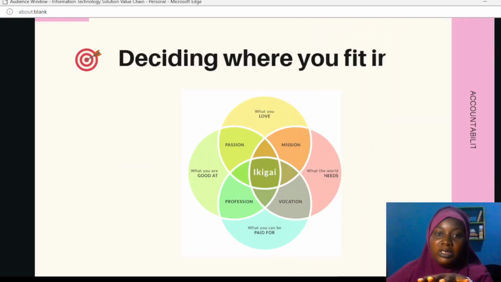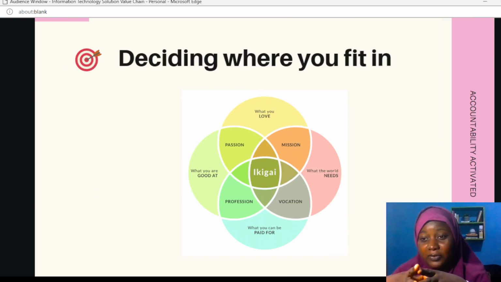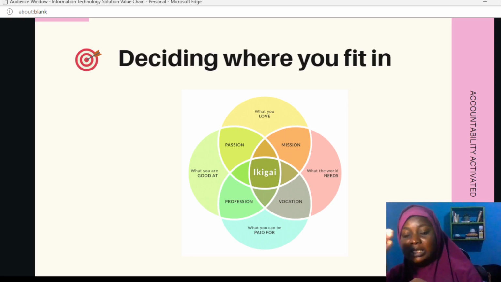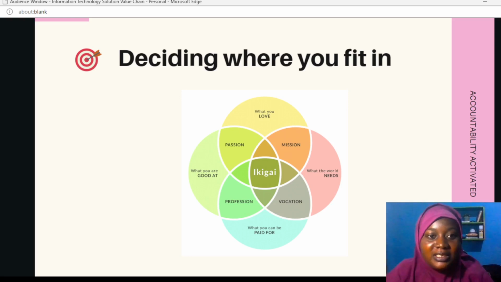So now that we've talked about the different roles for a long time, for you to decide where you fit in, you need to look at what you love doing. Then you also need to look at what you're good at currently or what you need to improve on. You've heard the different skills that have been mentioned.